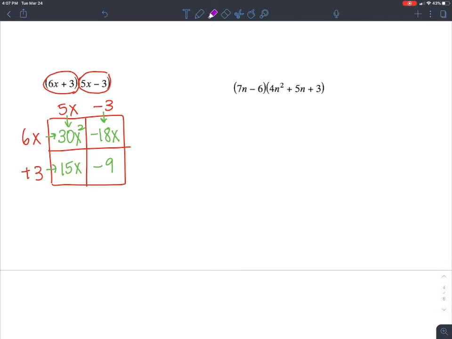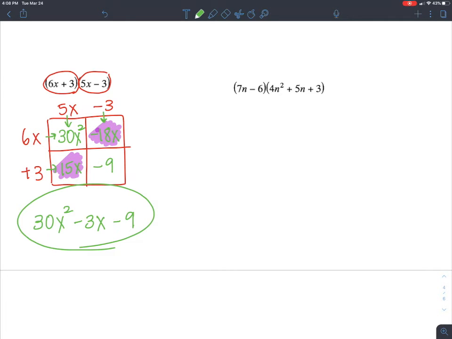Now in this situation, we do have like terms, negative 18x and 15x. So when we add these together, we're going to have to combine the like terms. So we have 30x squared, and then negative 18x plus 15x is negative 3x, and then our minus 9. So there's our product.